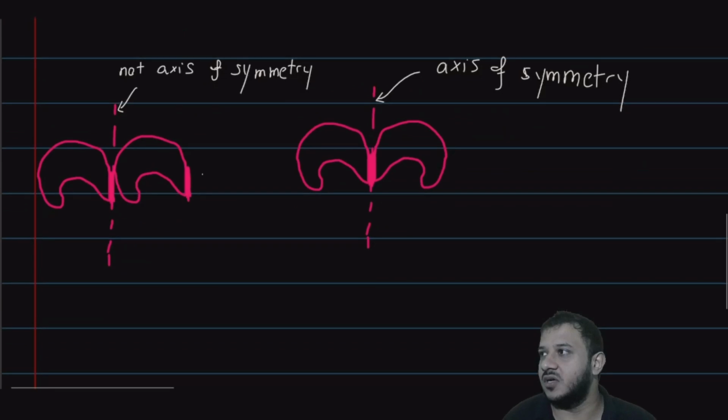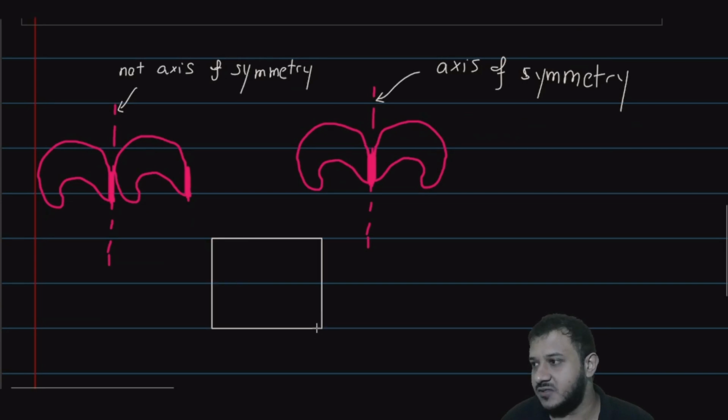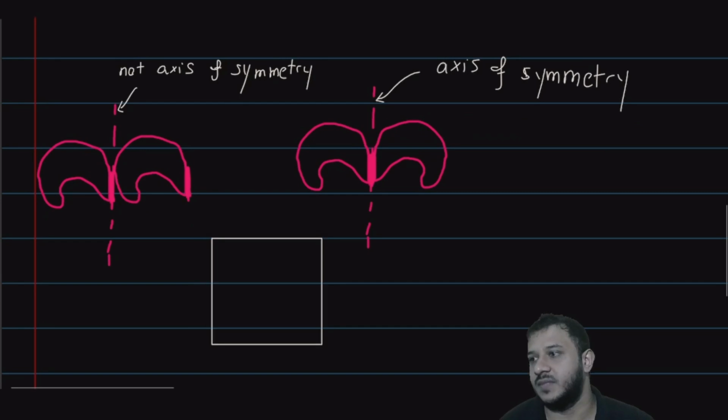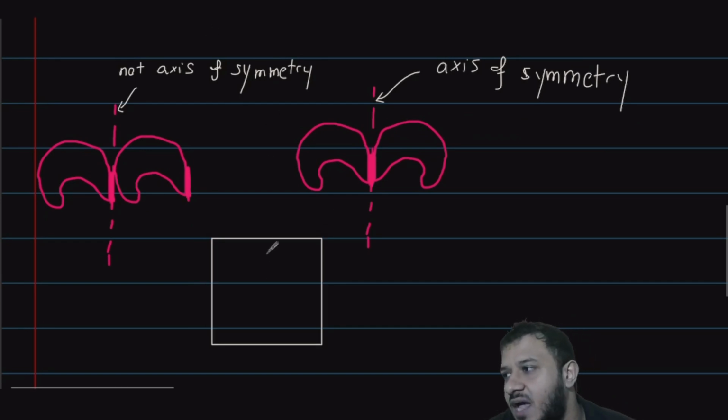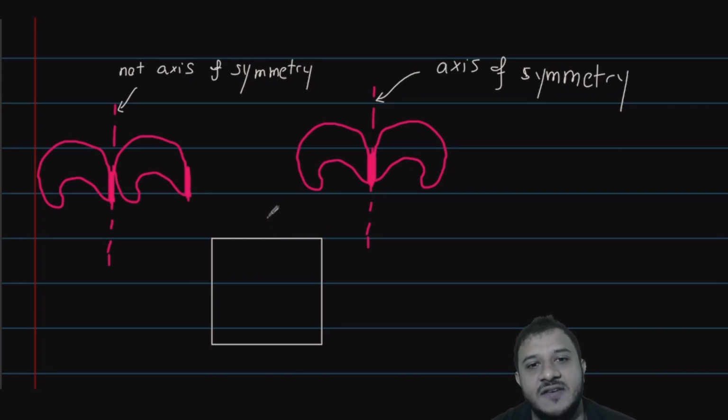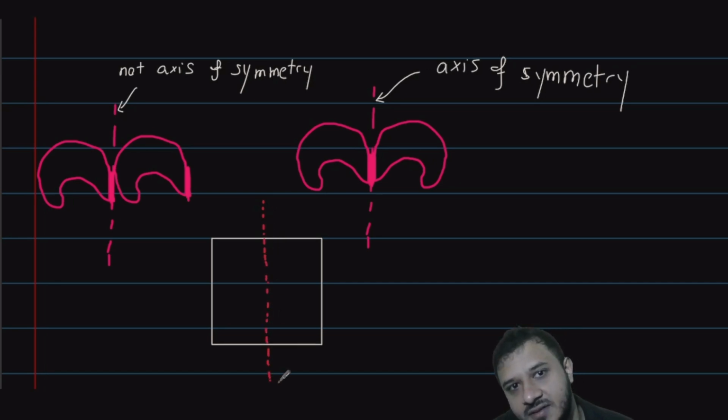Now let me ask you all a question. If I have a square shape like this, how many bilaterally symmetrical axes of symmetry do you think I can draw? Now I know this is one axis of symmetry. How many can I draw like that?